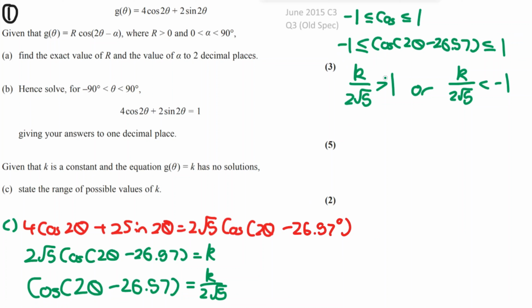So therefore, in order for there to be no solutions, this has to either be always bigger than 1 or less than -1, like this. And therefore, we can just multiply both sides by 2 root 5 here. So this becomes k is bigger than 2 root 5, or k is less than -2 root 5, and this is the answer. The range of possible values of k for which there are no solutions to this equation here is when k is bigger than 2 root 5 or k is less than -2 root 5.